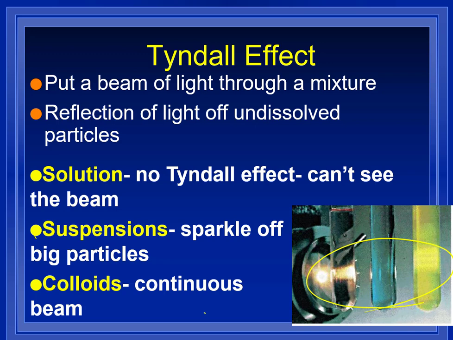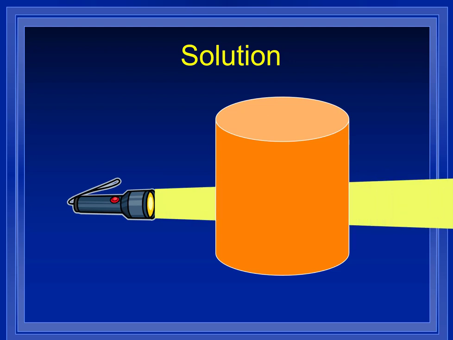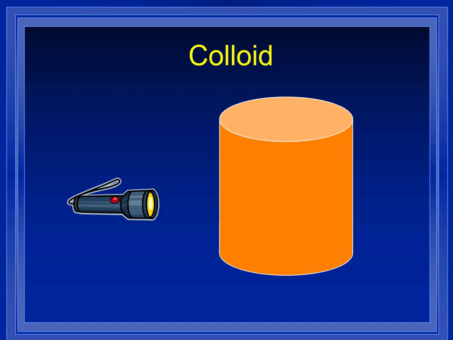So I see with things from the sky, you can see those. So in a solution, well, technically, I could turn the light on, and all you'd see would be a dot over here. You wouldn't see it along the way either, right? But the fact it goes through without being seen, solution.